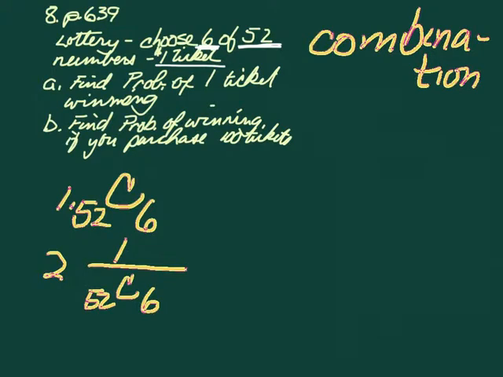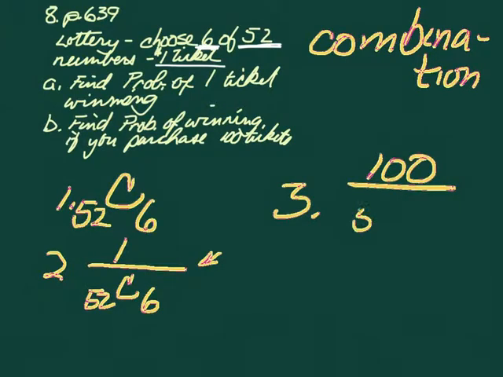So whatever this answer is, that's going to be my probability. And then finally, I need to find the probability of winning if I purchase 100 tickets. Well, since I have 100 tickets, that's the number in my event, and the number of possible tickets is a combination of 52 choose 6. And so that will be my final answer. All right? Any questions on that?